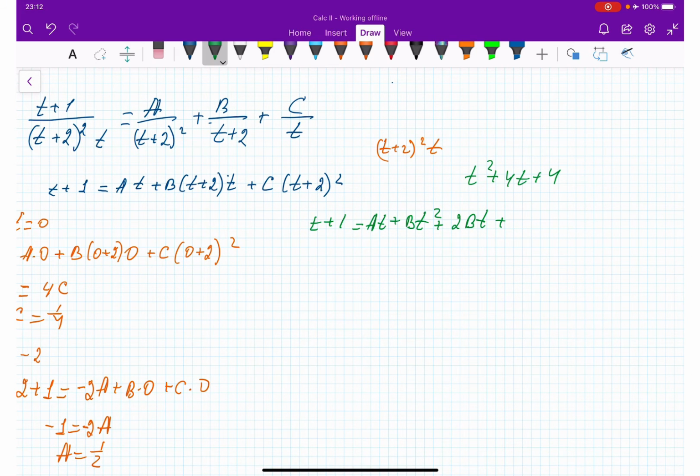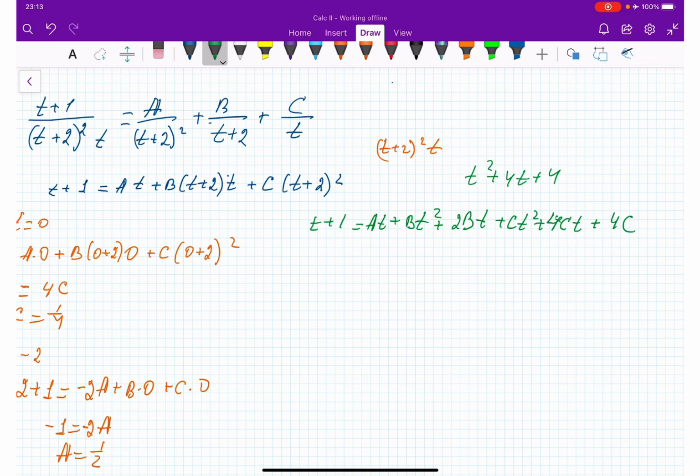It's going to be ct squared plus c times 4t, so 4ct, and plus 4c.